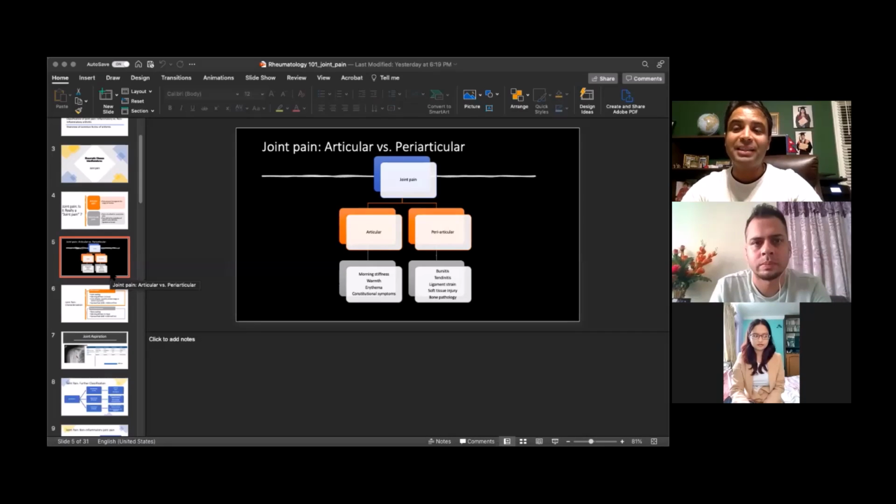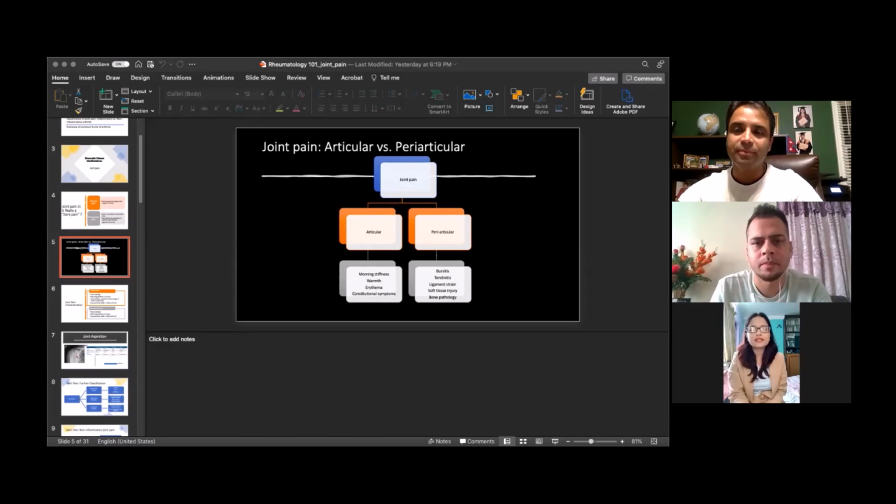That's why these days we do a lot of MRI of the sacroiliac joint. If you suspect sacroiliitis, MRI is a very important tool. So basically: history, inflammatory markers ESR and CRP, X-ray of the SI joint, followed by HLA-B27 and the MRI. Those are the different ways we make the diagnosis.